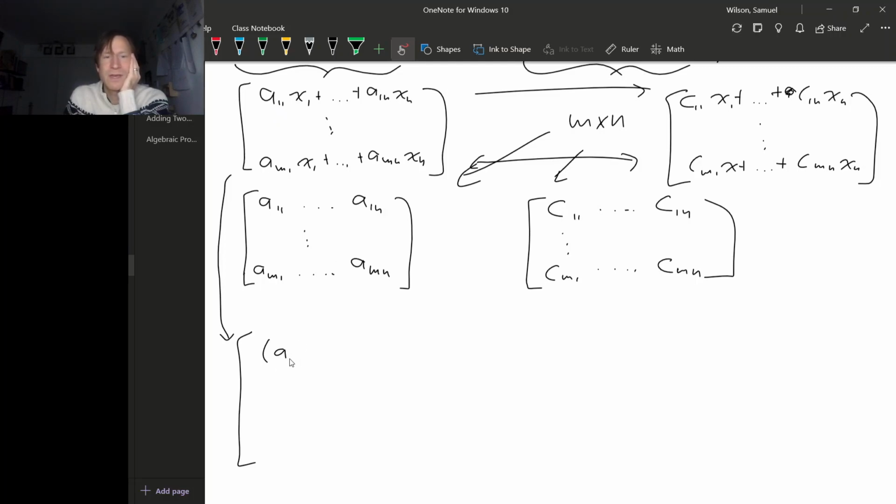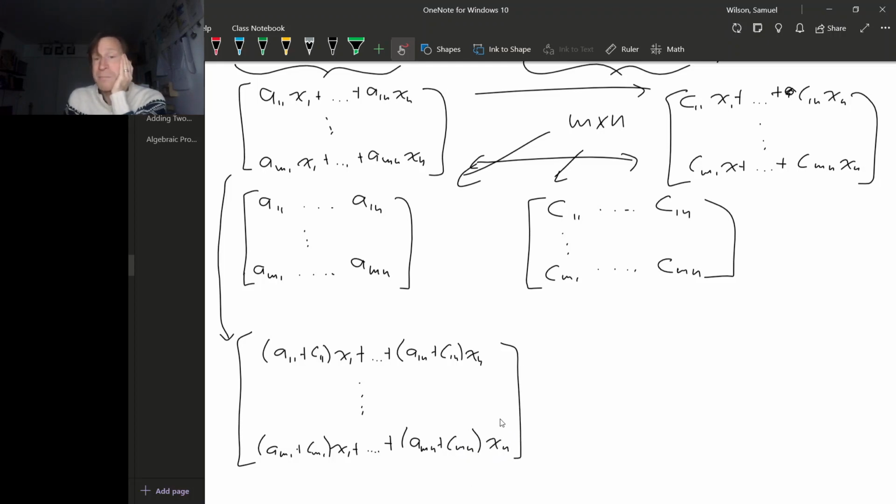So that's a11 plus c11 times x1 plus, and so on, up to a1n plus c1n times xn down to am1 plus cm1 times x1 plus dot dot dot plus amn plus cmn times xn.